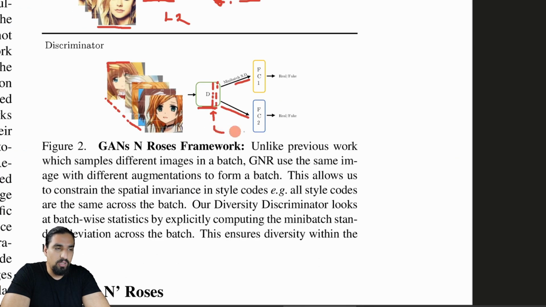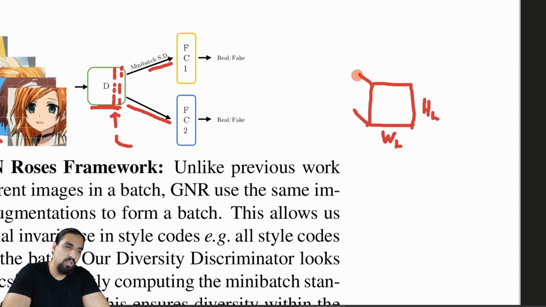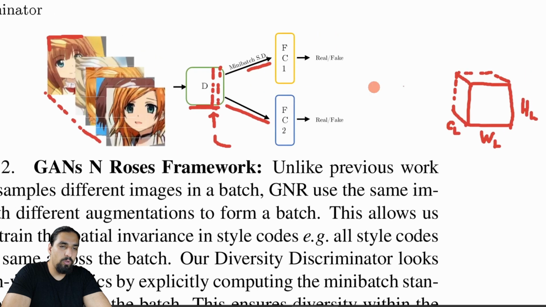It will look something like this: some height, some width, and I'll add a subscript L because we are looking at a layer L, and we'll have some number of channels. So this is a collection of feature maps for this particular image, C sub L, and that's just a single image. Now we do the same thing for the second image, and we again have a similar type of activation volume there, etc.